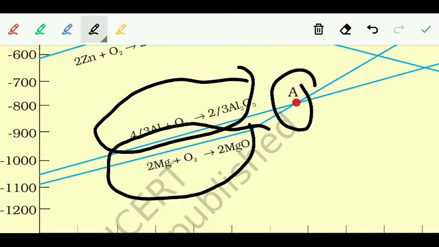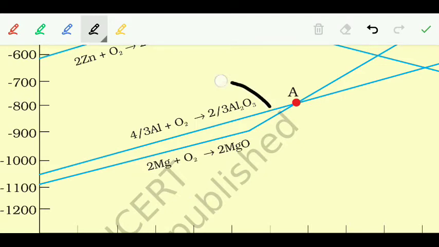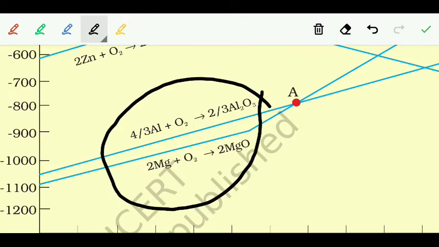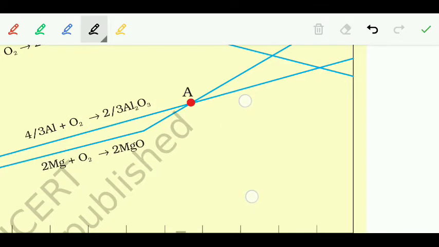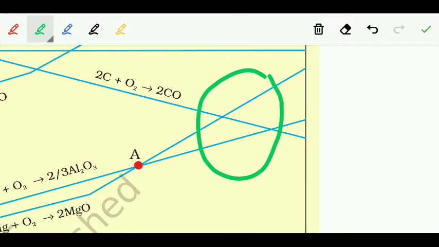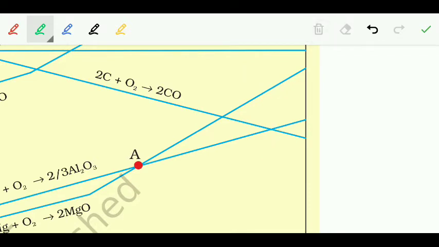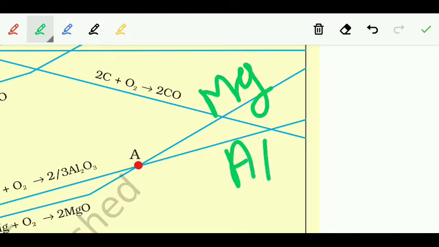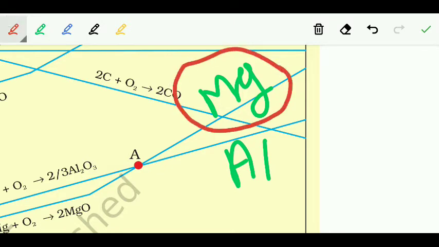I am repeating the sentence: on the left hand side, aluminum can be reduced with the help of magnesium. But on the right hand side of point A, the situation is different. The upper line is of magnesium and the lower line is of aluminum. So now magnesium oxide can be reduced with the help of aluminum.